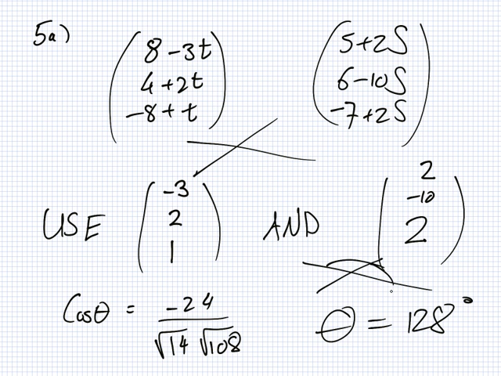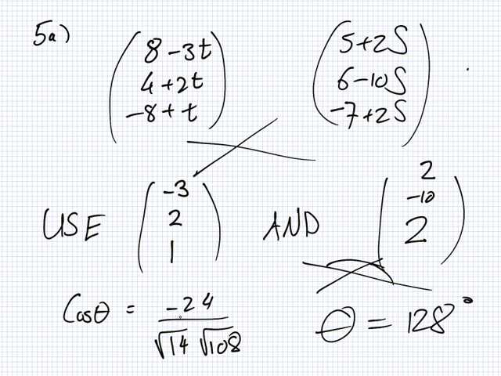What? You just told me it's 128. I don't want to make the calculation here on YouTube. Well, maybe I did something wrong here. Minus 3 times 2 is minus 6. Minus 6 minus 20 is minus 26. Plus 2 is minus 24 on the top, right?